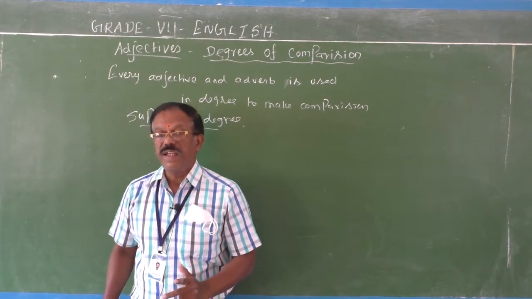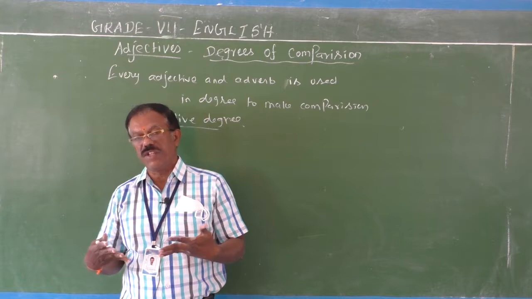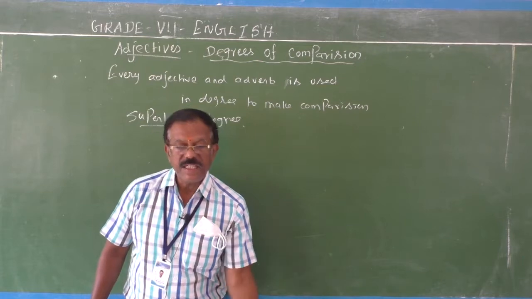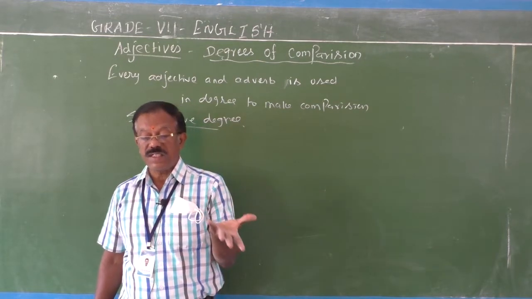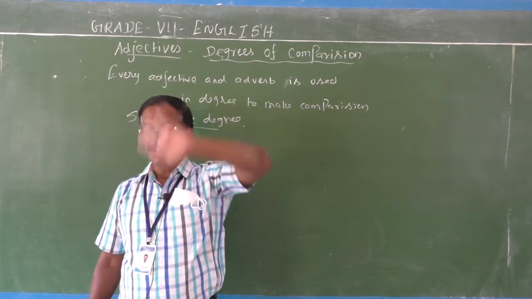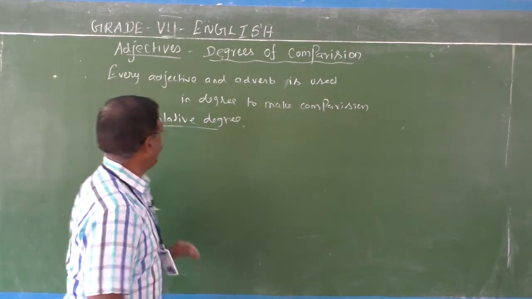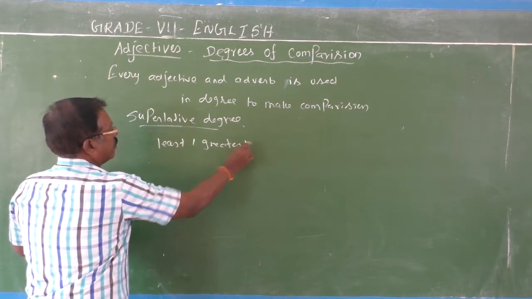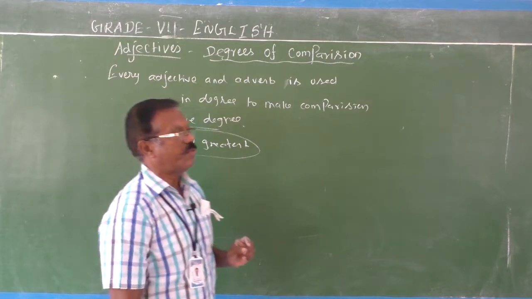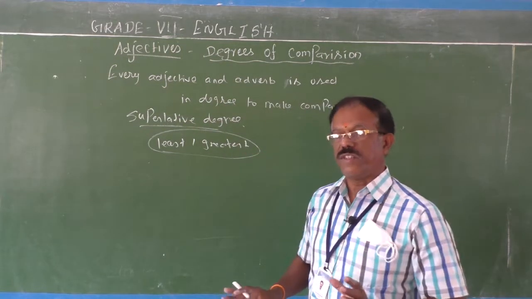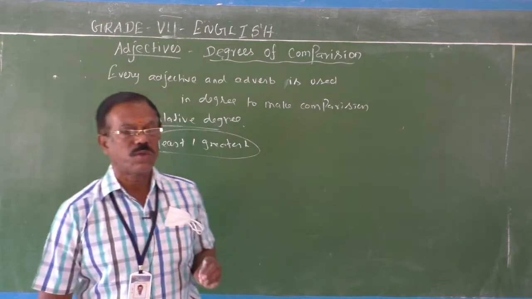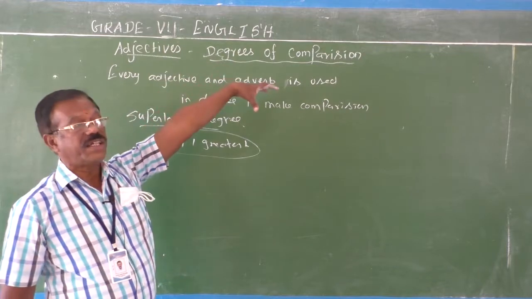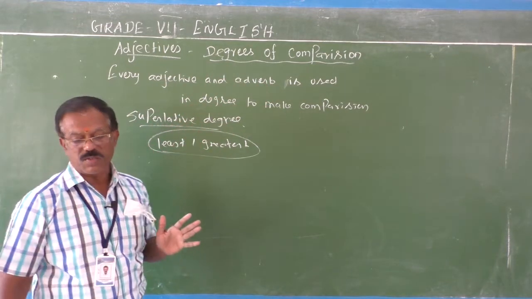A very important thing: when we compare more than two or three objects to show which has the least or the greatest degree of the quality. So, least or greatest. When comparison is made among more than two or three objects, when we want to show the least quality among all and the greatest degree of quality, then we have to go for the superlative degree.